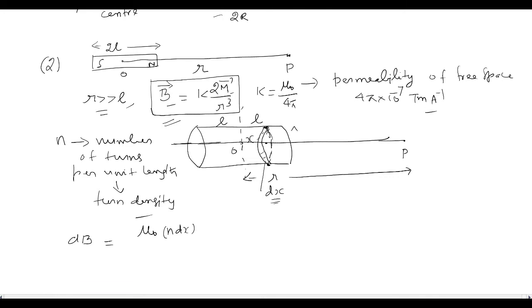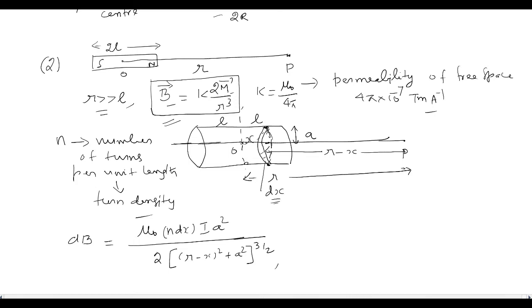Let's say the radius of the solenoid is A. So mu naught n I, instead of capital R squared we put A squared, by 2 into, in the original formula which we mentioned earlier, x was the distance between the center of the coil and the point under consideration, but here this distance is r minus x, because from this to this is x, this to this is r, so r minus x, so (r minus x) the whole square plus, in the original formula it was capital R squared, here it is A squared, raised to the power 3 by 2.